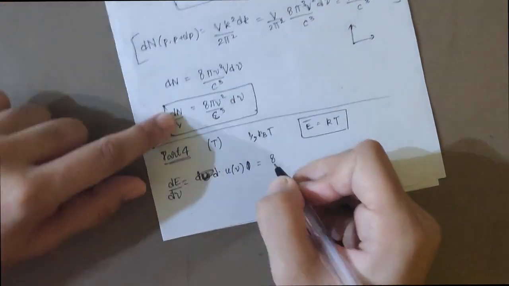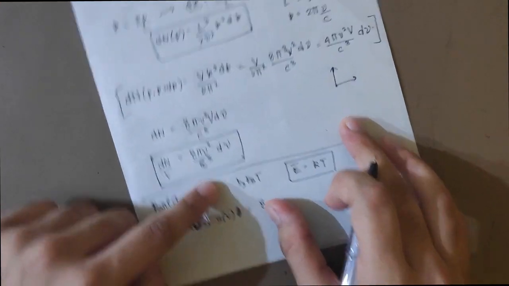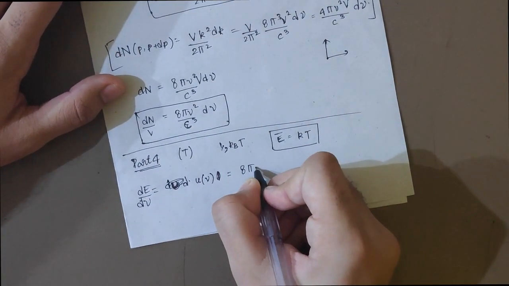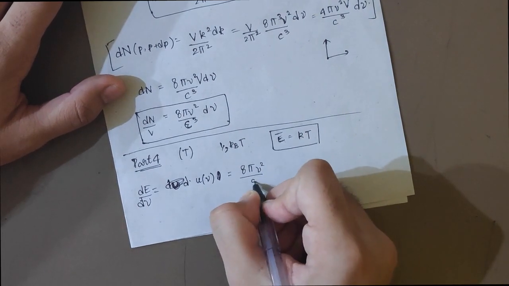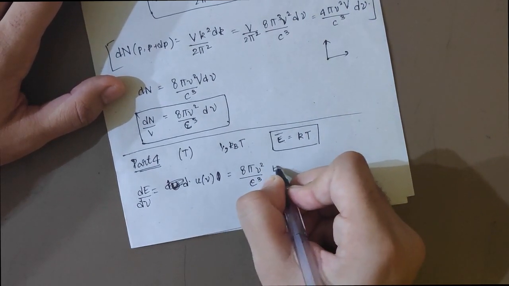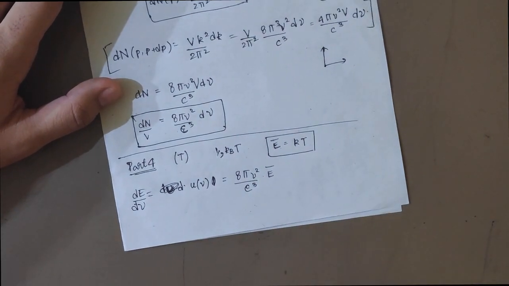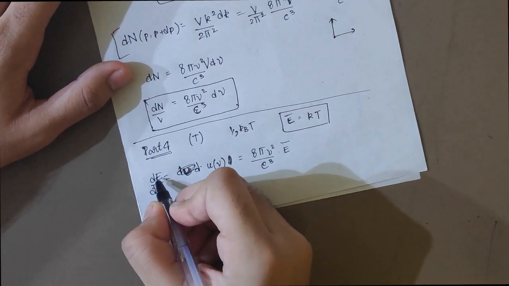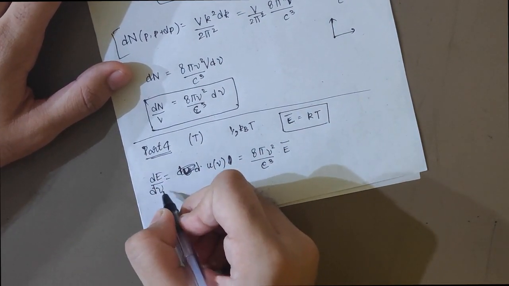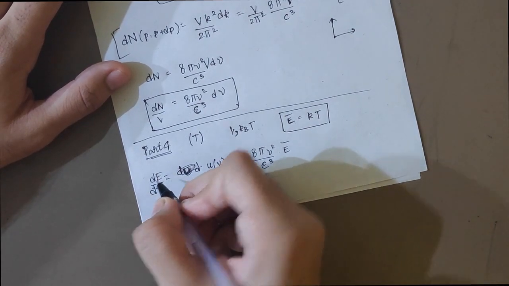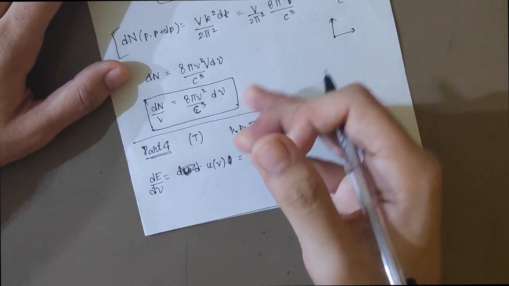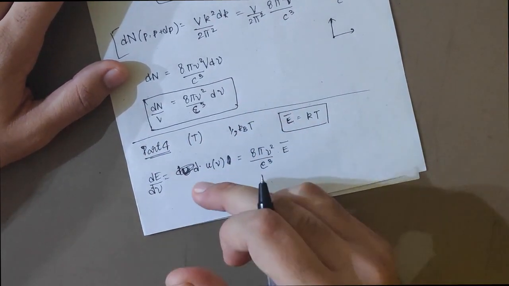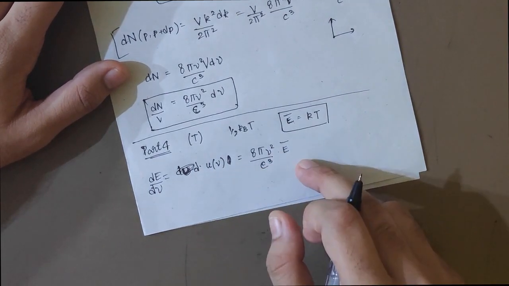This is the number of modes in d mu in volume V, that is 8 pi mu squared by c cubed, into the average energy of each mode. So the energy density of radiation per unit frequency interval per unit volume is given by this.